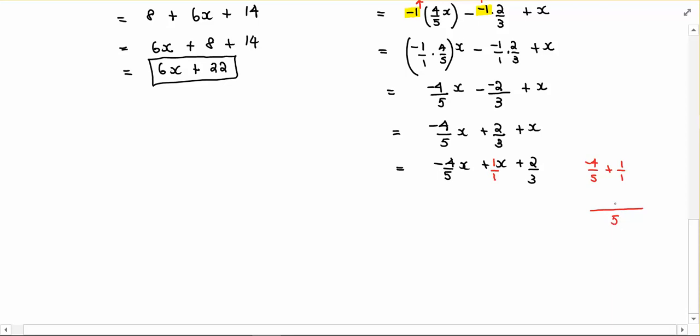So here there is no change, but I'm going to multiply this by 5 to get that 5, and this I'm going to multiply the numerator also by 5, and that gives me 5 on the top. So this then combines to 1/5. So now I can bring that answer back into my problem and say, well, that's 1/5 x plus 2/3. And there is your simplified expression.